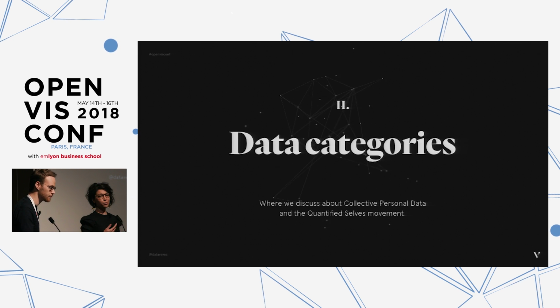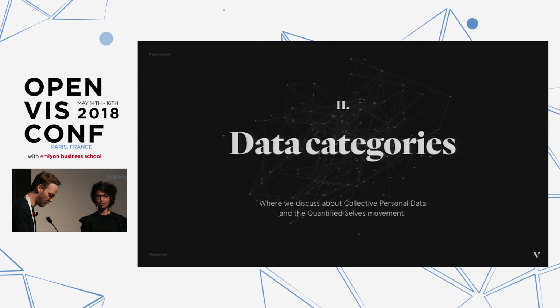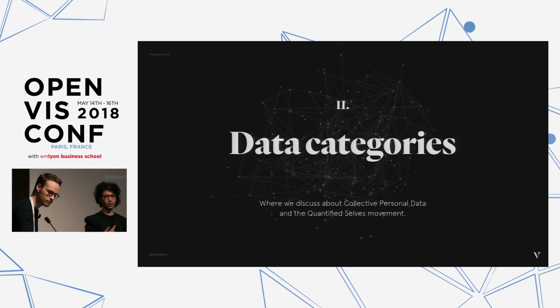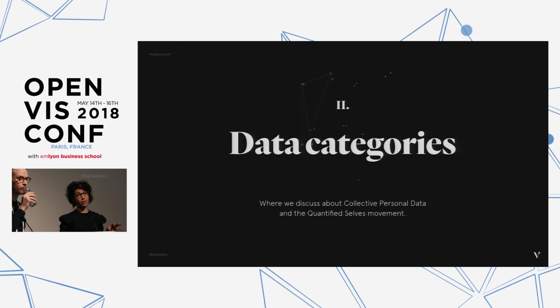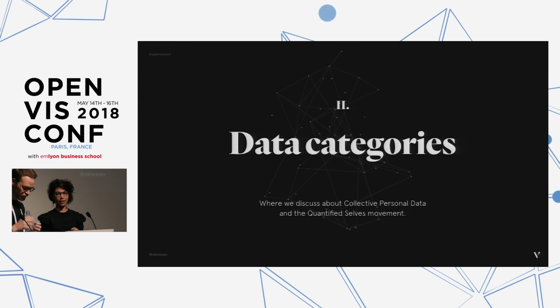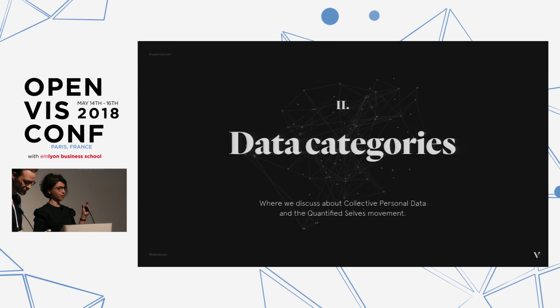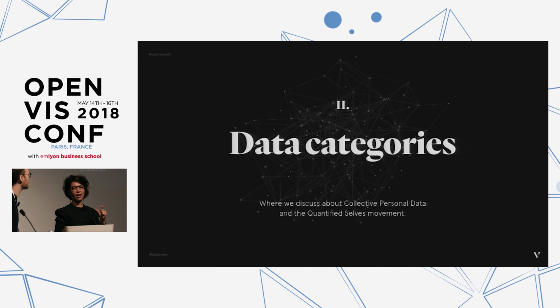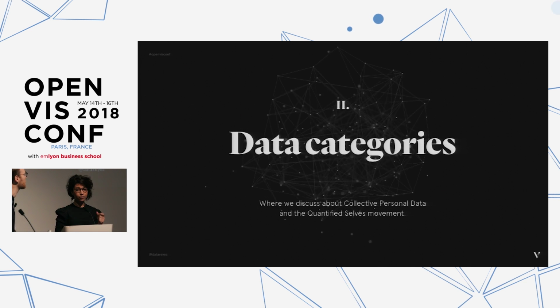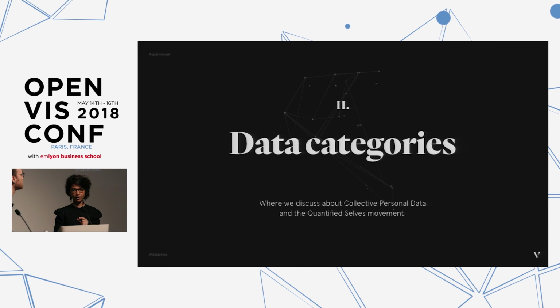So what can we learn from all those examples and these attempts to categorize the data visualizations that make visible the invisible? All of these projects are based on a certain type of data that is very disaggregated, data that is atomic, that has been collected at the finest level, the finest scale.